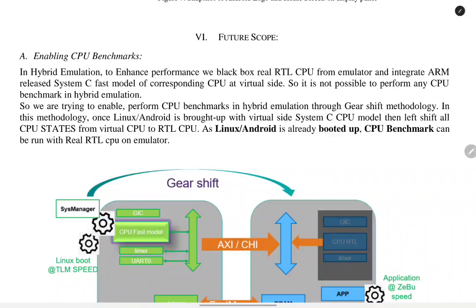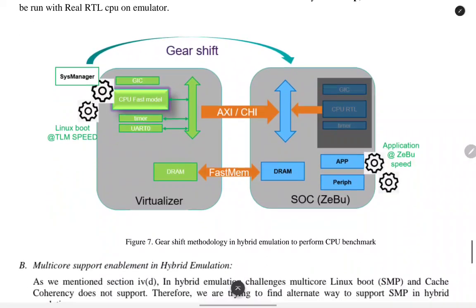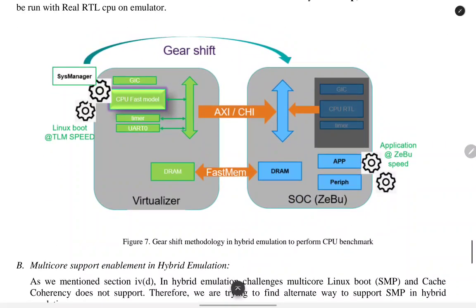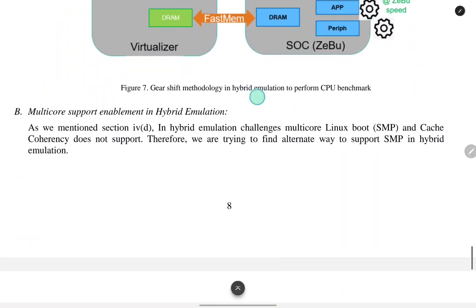In this methodology, once Linux Android is brought up with the virtual side SystemC CPU model, we shift the CPU state from the virtual CPU to the RTL CPU. As Linux Android has already booted up, CPU benchmarks can be run with a real RTL CPU on the emulator. Figure 7, gear shift methodology in hybrid emulation to perform CPU benchmarks.